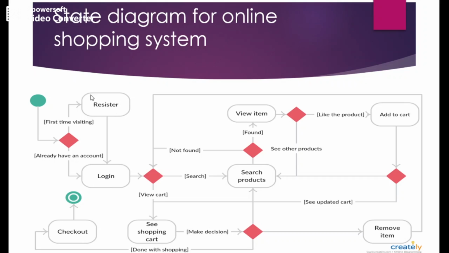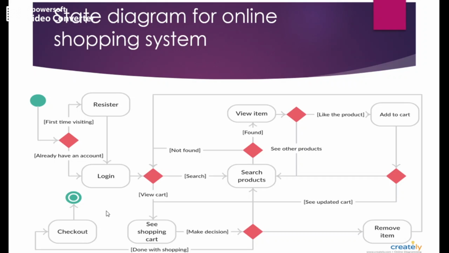So now once you register, suppose you are visiting first time, you need to register. And once the registration process is completed, you can move to the login state. User is moved to the login state. Now what? Now he has to do online shopping, isn't it? So he has to search for the products.